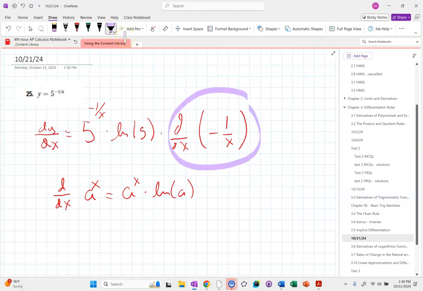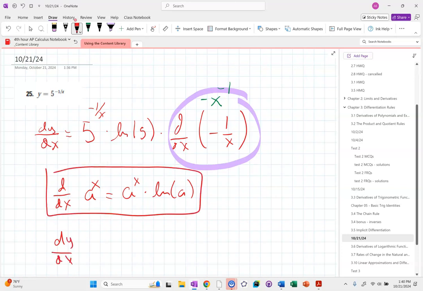So now I still need to do this derivative. I'm going to think about negative 1 over x as negative x to the negative 1. What's the derivative of negative x to the negative 1? It'll be x to the negative 2, right? Everybody's okay with that?